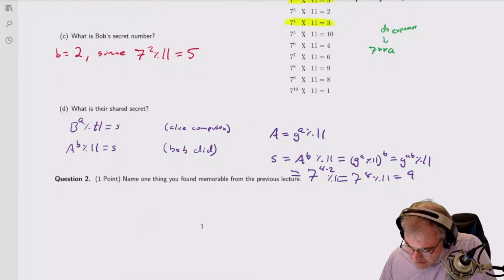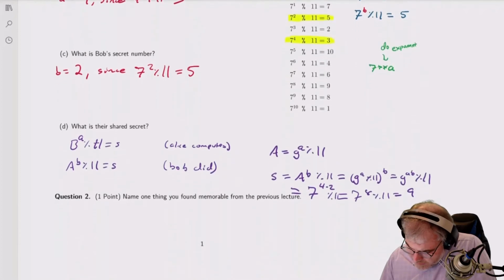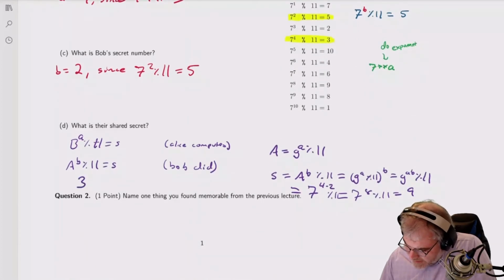All right, so Alice's public value that she sent was 3. So I could have done 3 squared mod 11, and that equals 9. Or I could have done this.